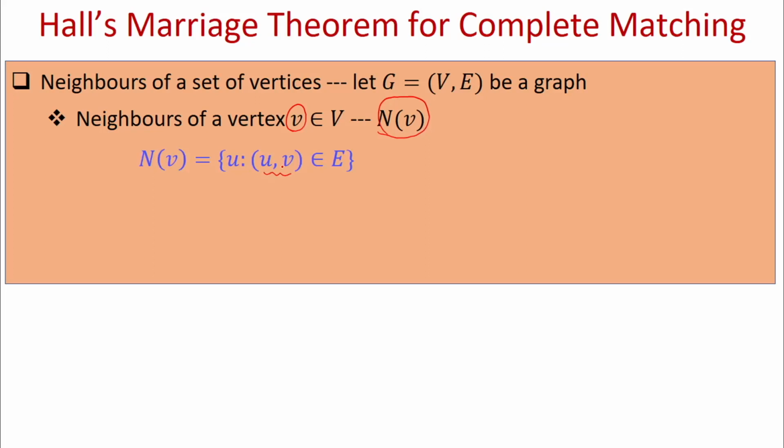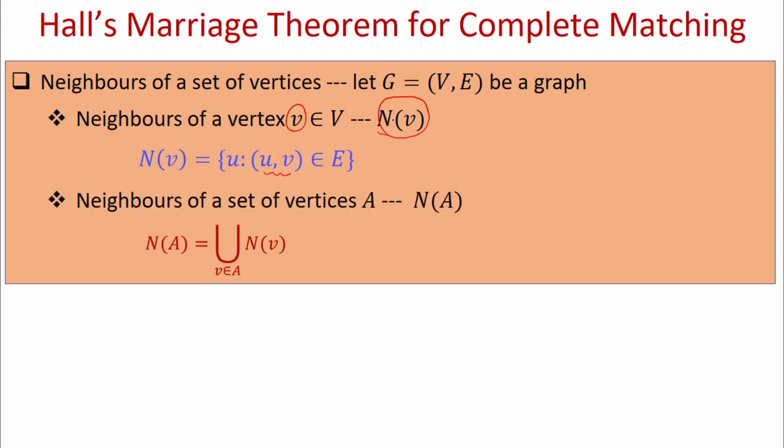So basically, the neighbors of the vertex v are all the vertices u such that u is one of the endpoints of an edge incident with the vertex v. Of course, if there is a self loop at the node v, then v also will be considered as its own neighbor. And once we have the definition of a neighbor of a single vertex, the definition of a neighbor of a vertex set A is the following.